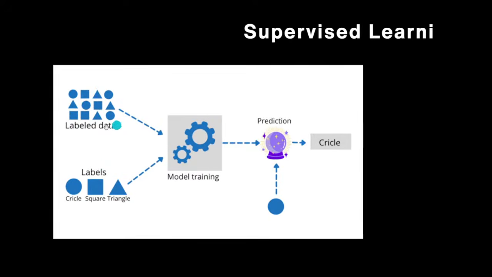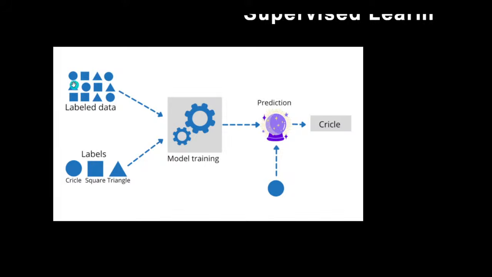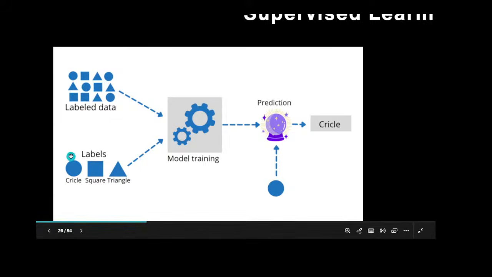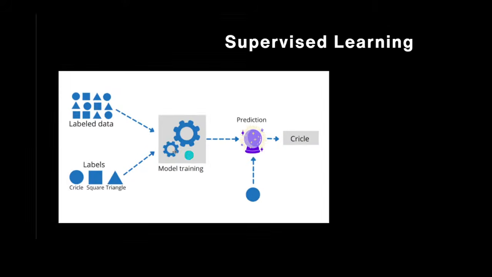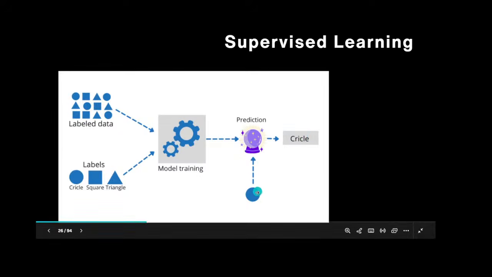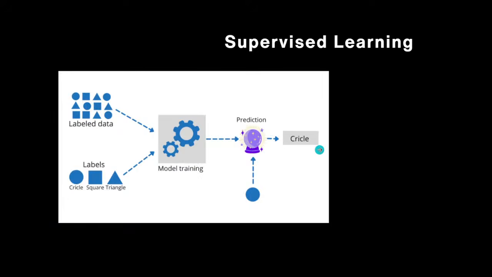So here we have a number of data like circle, square and triangle. I give the name of each, triangle, square and circle. I label the data, and each data is labeled. Based on that data the model can be easily trained. If I show a circle image to the computer, it can easily understand the pattern based on the previous data and tell it is a circle. So supervised learning means labeled data. We give the input in labeled form. That is called supervised learning.